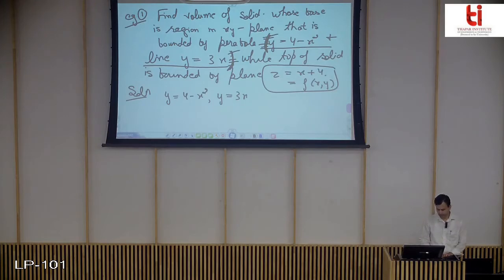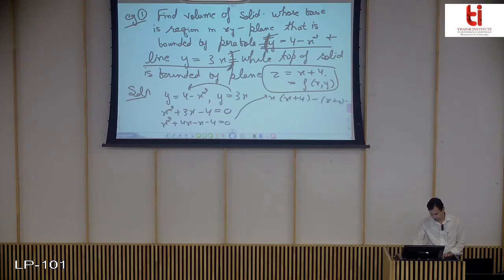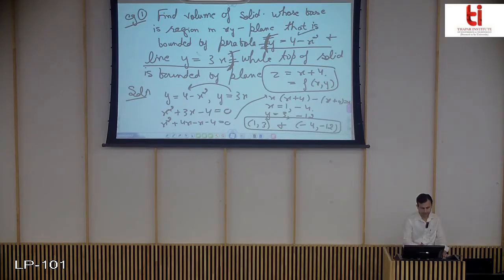So this gives x squared minus 3x minus 4 equals 0, that is x squared plus 4x minus x minus 4 equals 0, so (x plus 4)(x minus 1) equals 0. This gives x equals 1 and minus 4. So y equals 3 and y equals minus 12. So the points of intersection of the parabola and this straight line are (1, 3) and (minus 4, minus 12).